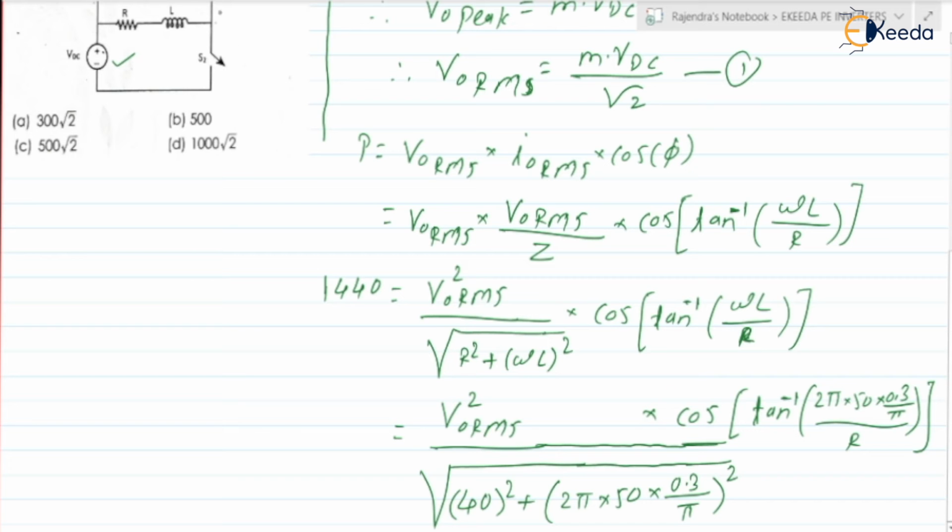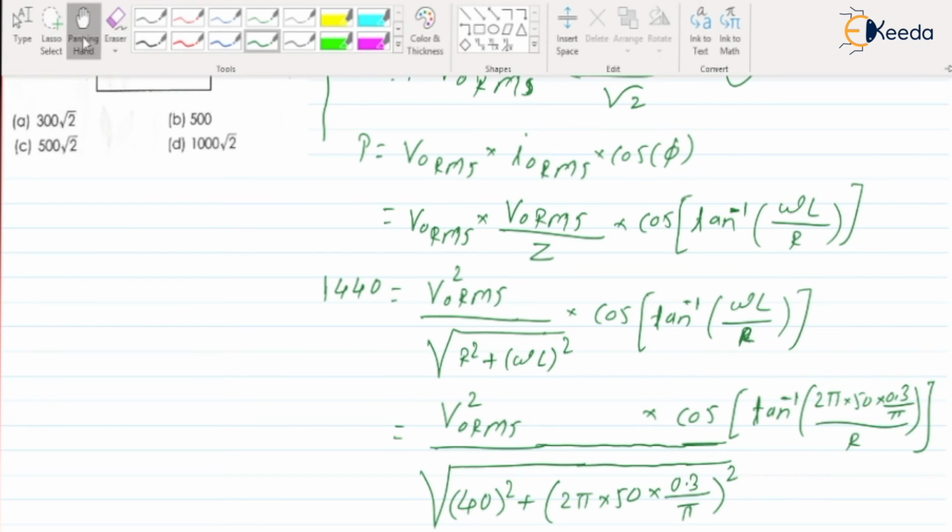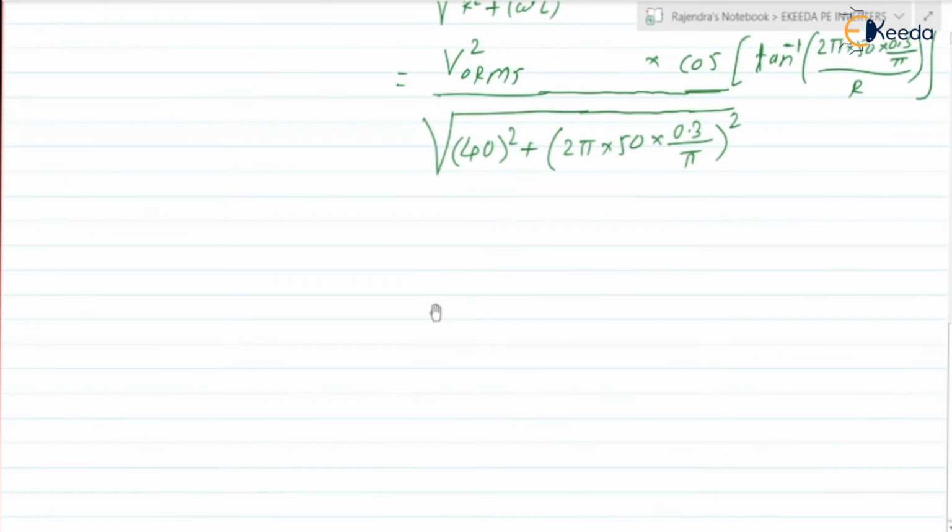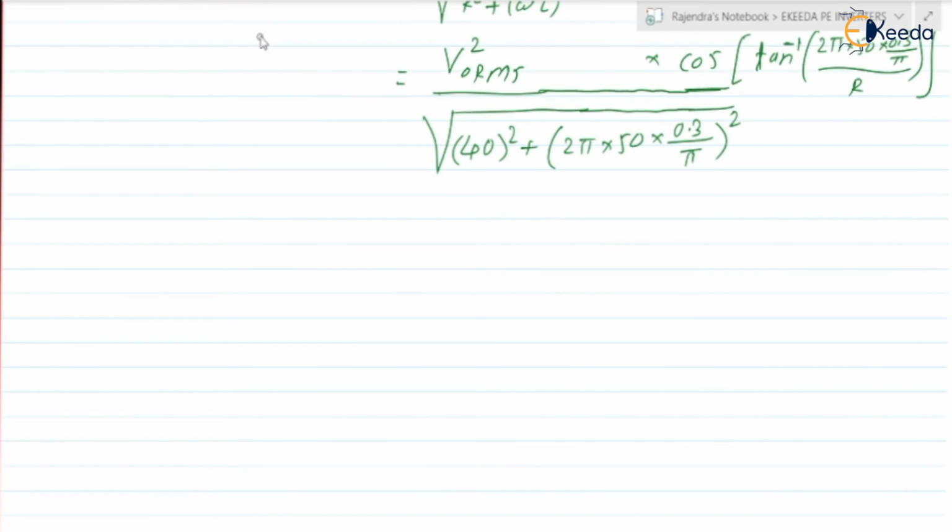So now further we can write 1440 is equal to V0 RMS square divided by the square root of 40 square plus 100 pi into 0.3 by pi. Pi gets cancelled, so it is 30 square.